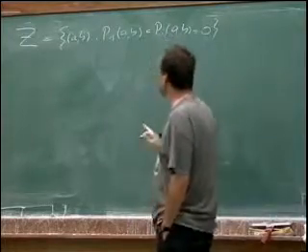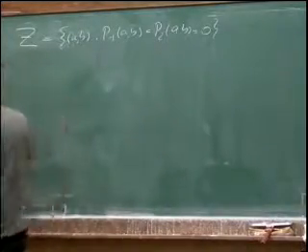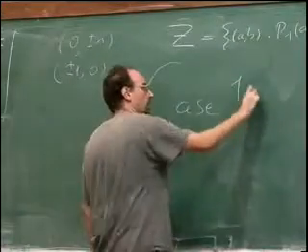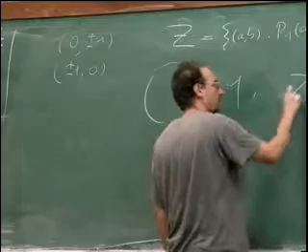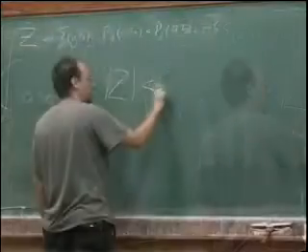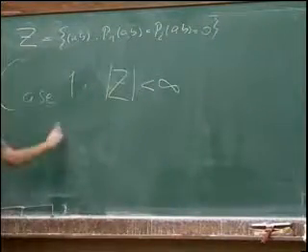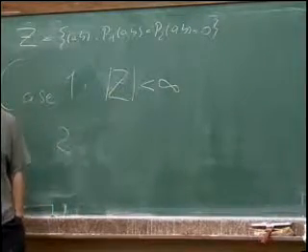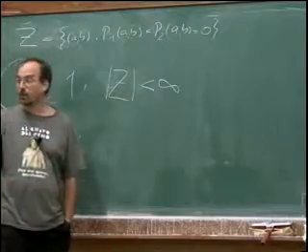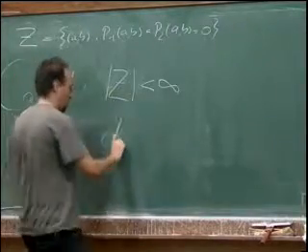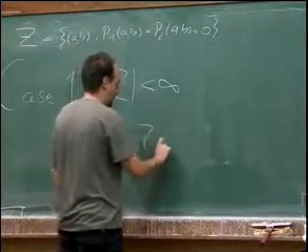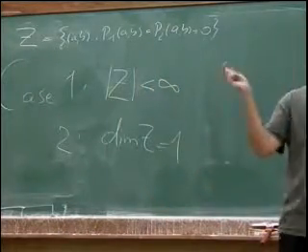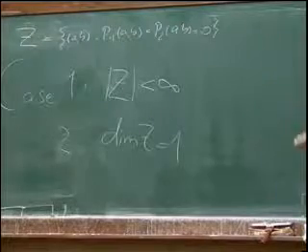It definitely cannot be all of them, so there are only 2 cases to consider here. So case 1, z is discrete. And case 2 is that something bad happened. There was some kind of unusual event, and the dimension is 1.